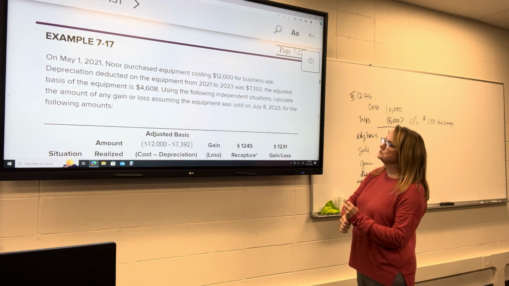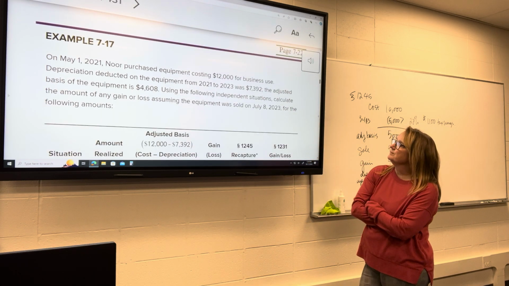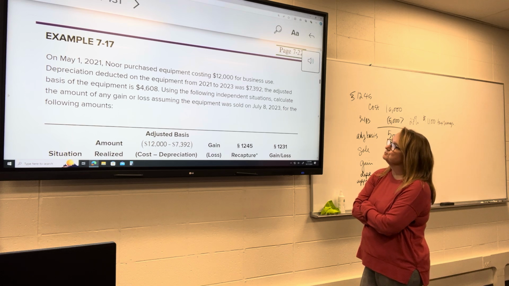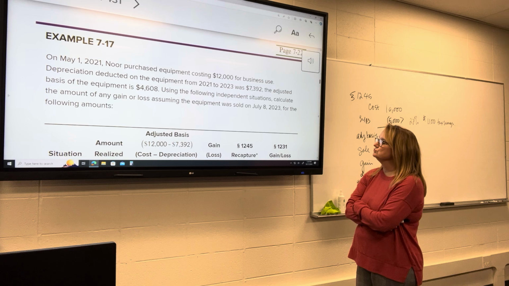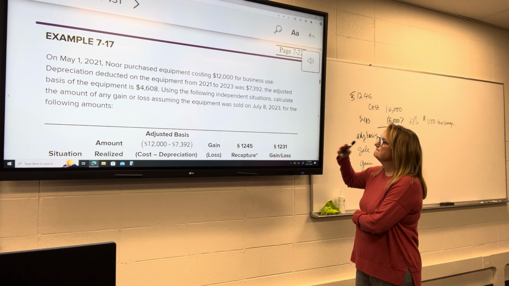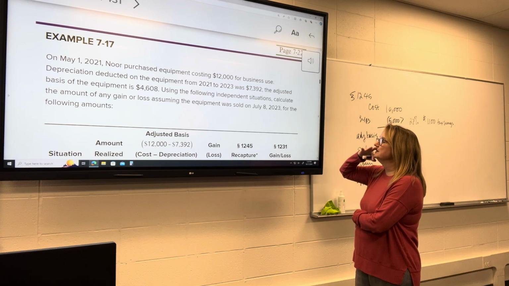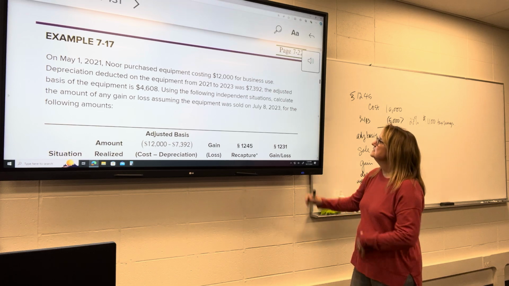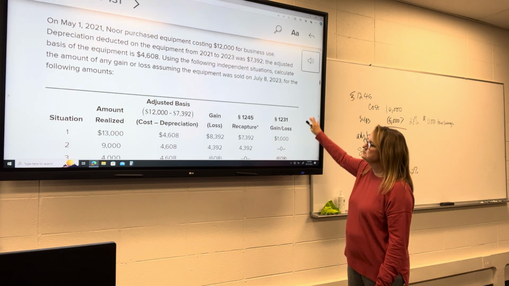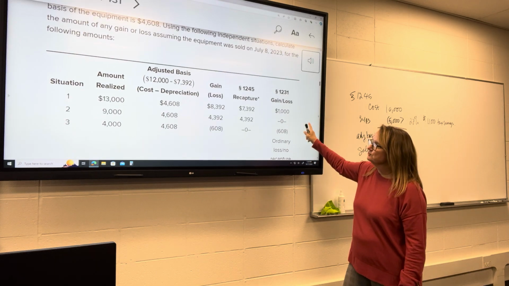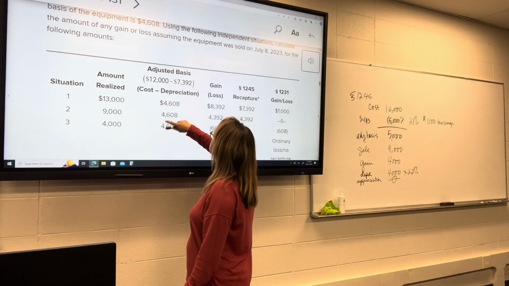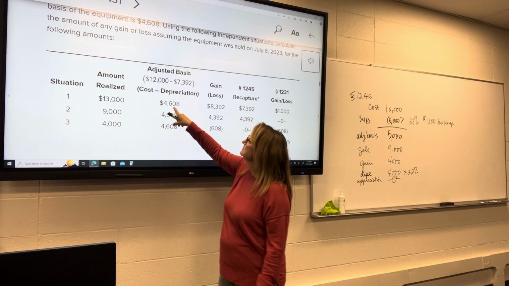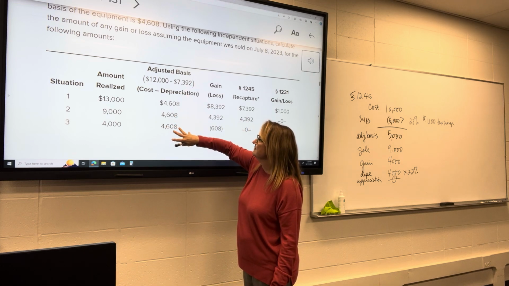So let's look at this one. Noor purchased equipment costing $12,000 for business use. Depreciation deducted on the equipment was $7,392. So here are some different scenarios. The adjusted basis of the equipment is $4,608, and it remains the same for all of these.